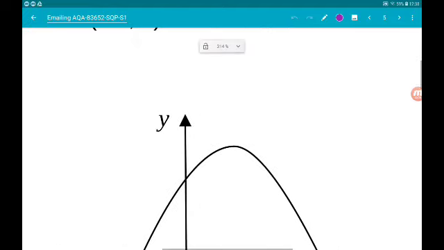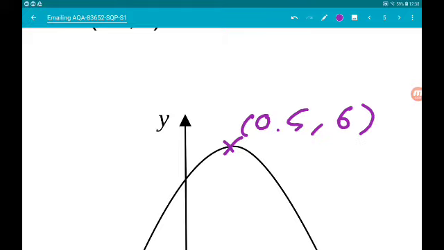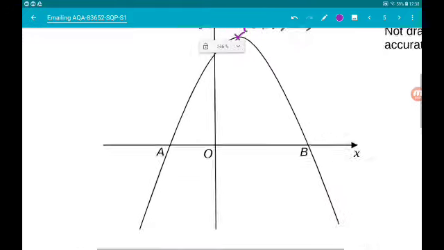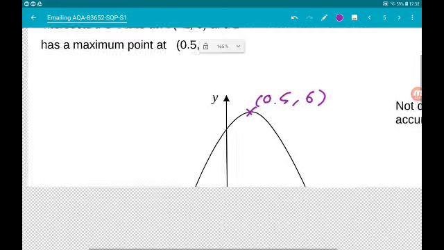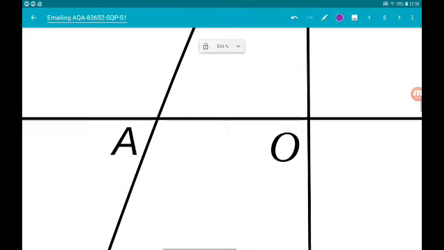So the maximum is this point here. Cool. And A has coordinates minus 1, 0. So let's put those on too.